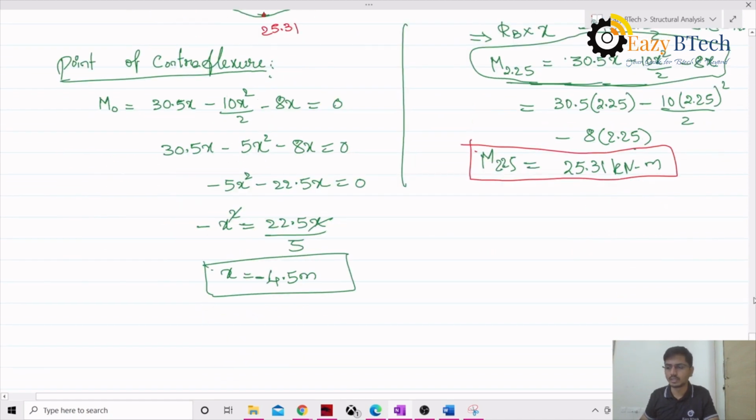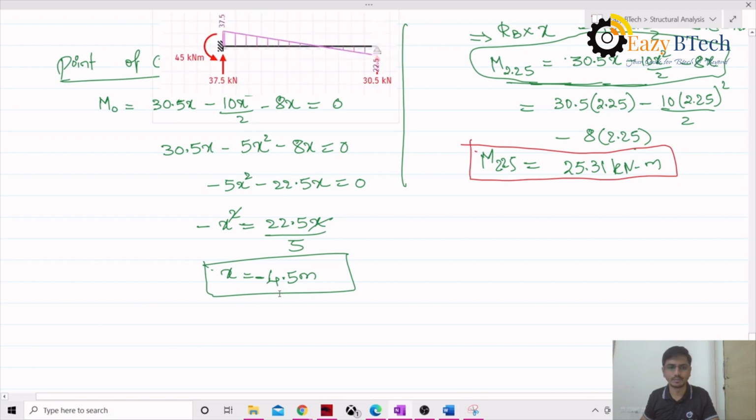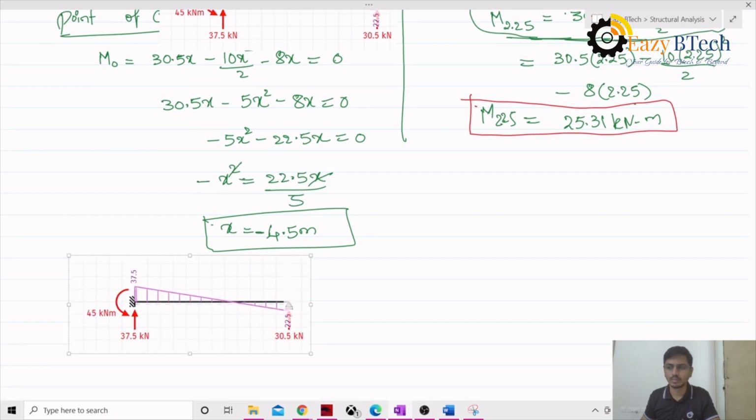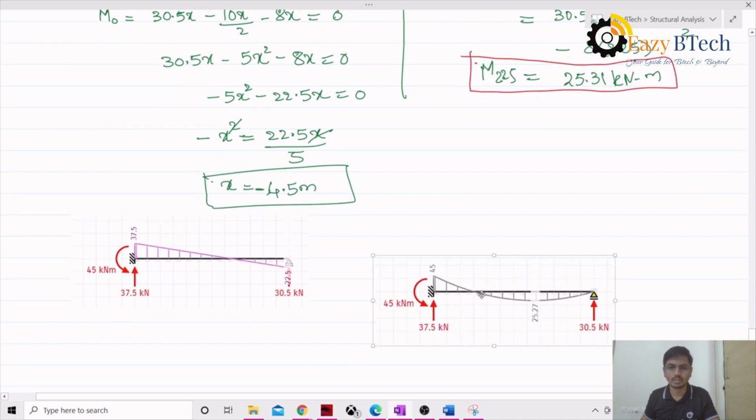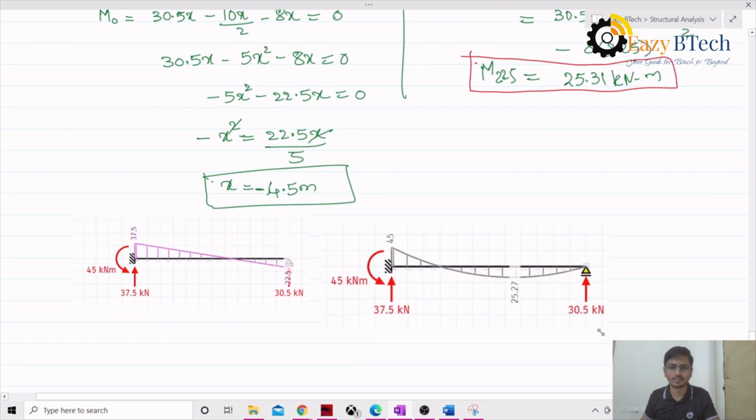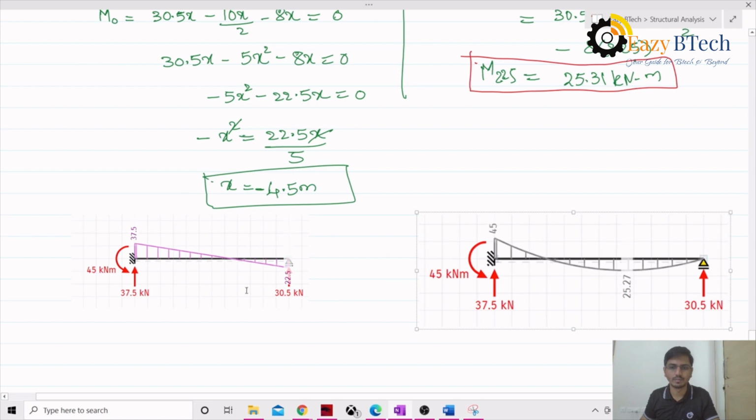Okay, so let me give the shear force and how it looks after plotting it. This is my shear force diagram, and this is my bending moment diagram.